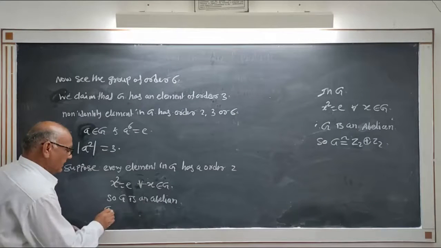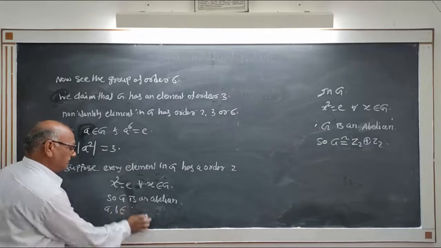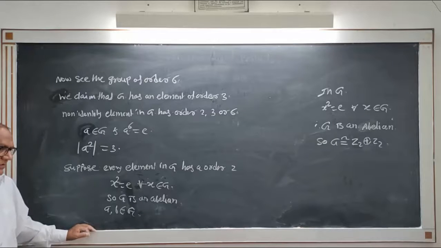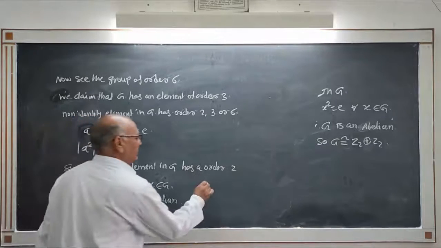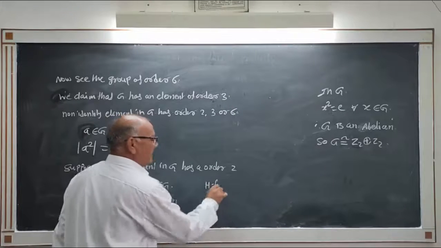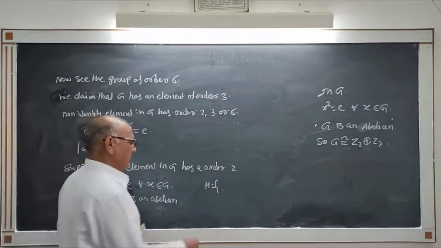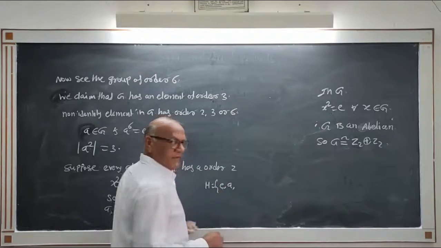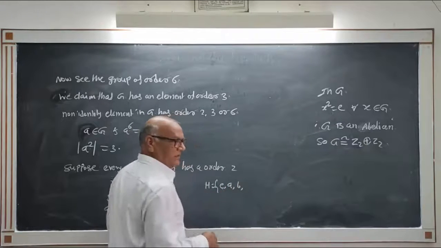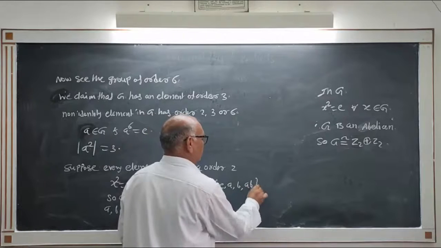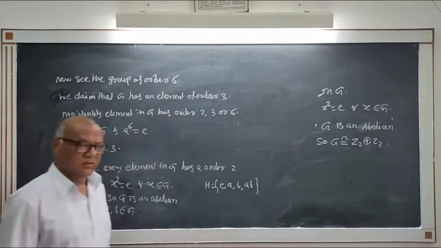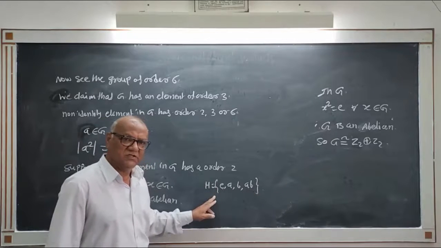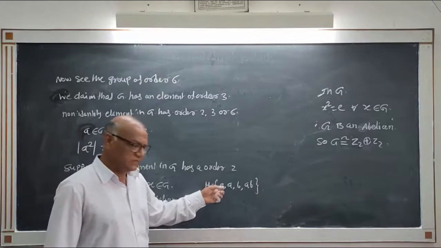Now let A, B belong to G. Consider the set H consisting of the identity element, A, B and AB. Clearly this set is a subgroup of G. Identity exists.